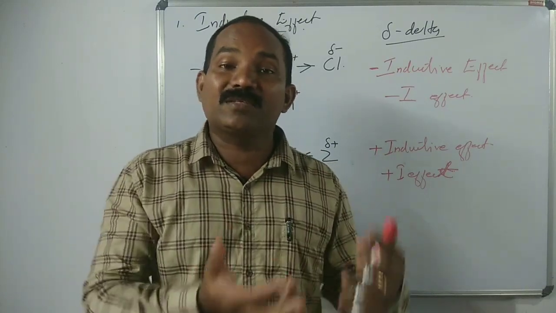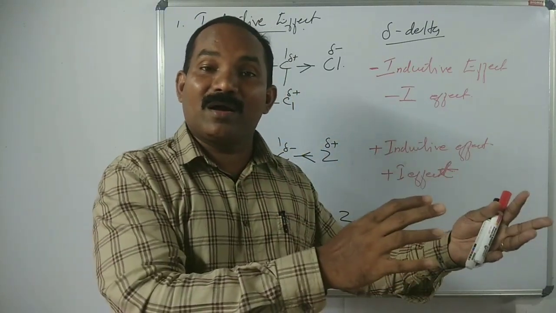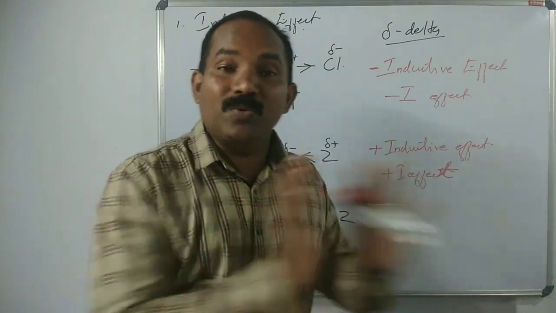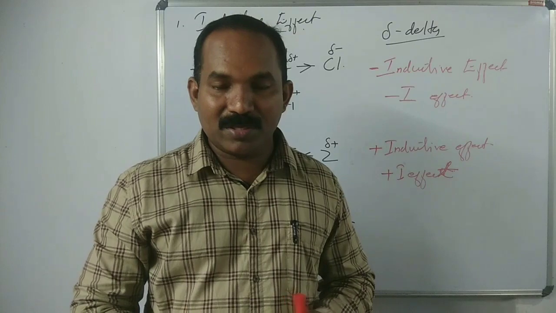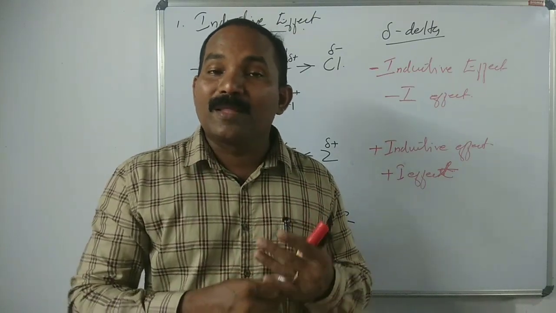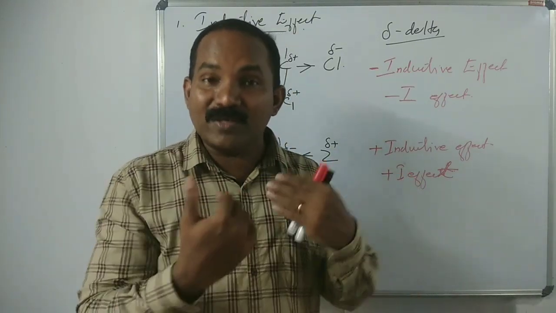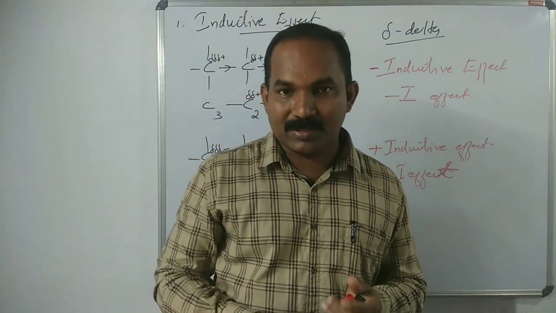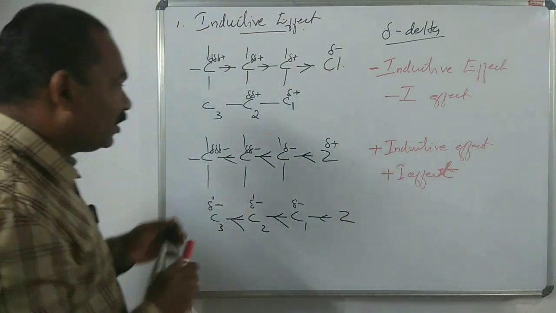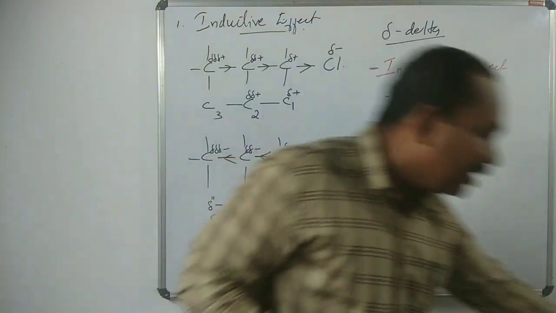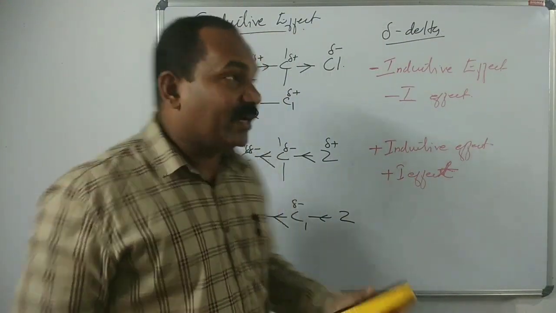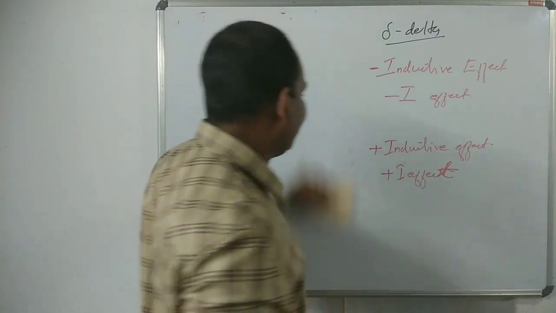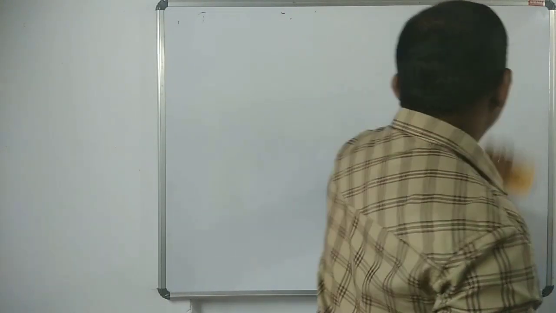In plus I effect, the group donates the electron pair, or it pushes the bond pair of electrons. In minus I effect, the atom or group of atoms withdraws the bond pair of electrons. Are you clear? Yes. So these are the two effects. And remember that inductive effect is a permanent effect.